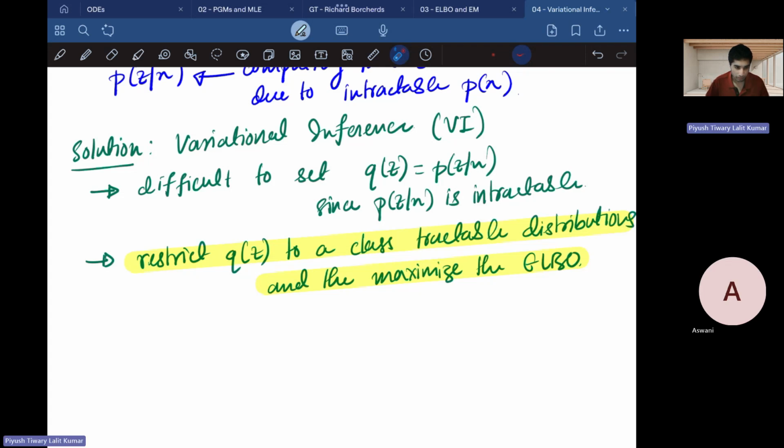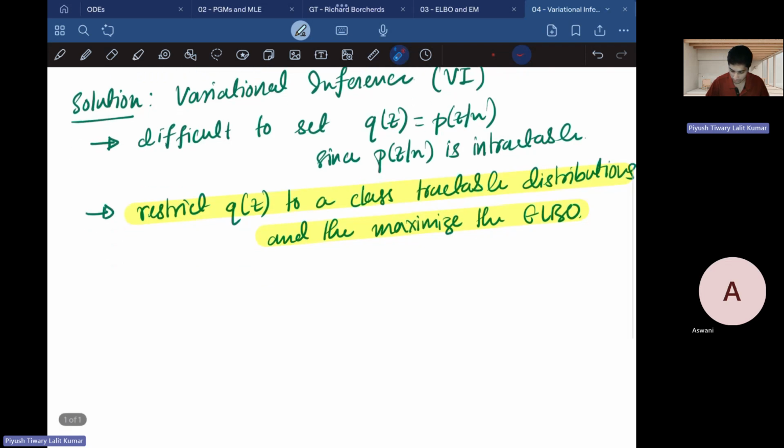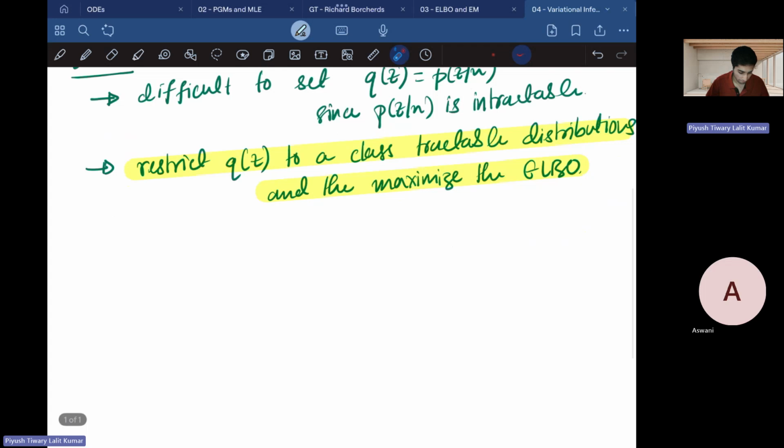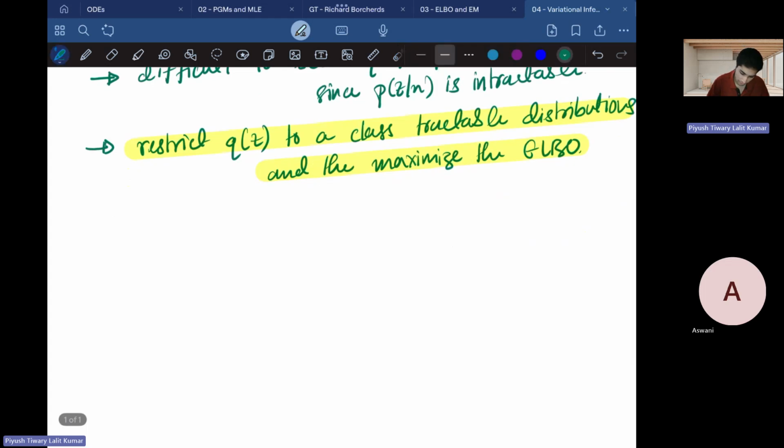I hope the premise is a little clear. So this lecture will have two parts. In the first part we will take one example from variational inference. It won't be related to VAEs or anything.